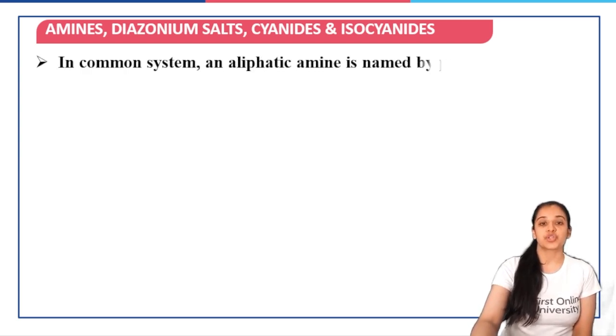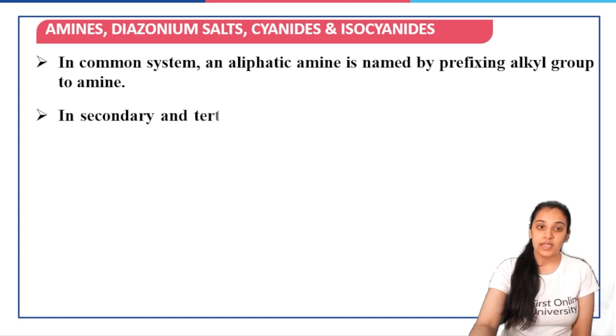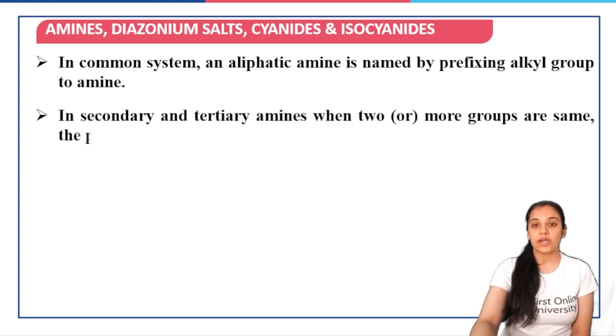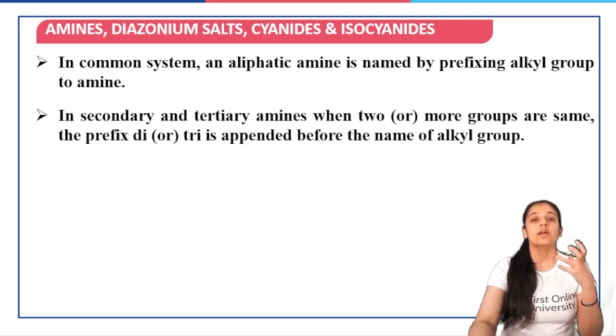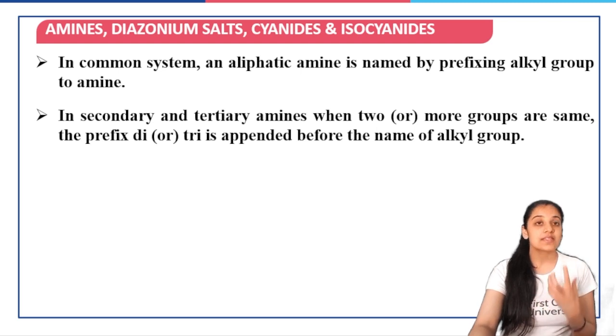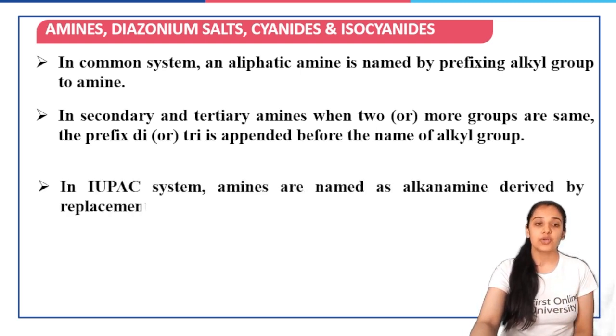Now, in the common system, an aliphatic amine is named by prefixing the alkyl group to it. In secondary and tertiary amines, when two or more groups are present and they are the same, we use the prefix di or tri, depending upon how many groups are present, before the name of the alkyl group.